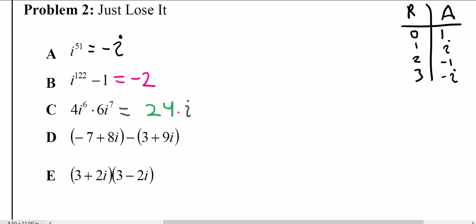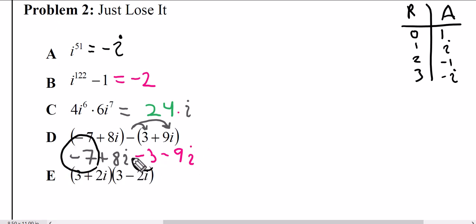Some of the algebra we're doing here should remind you a bit of what we did with functions. There's a minus right here, so I have to distribute this minus to both of these terms inside the parentheses. So this is still negative 7 plus 8i. And this becomes a minus 3 minus 9i. We combine like terms, so a negative 7 and a negative 3 is a negative 10.